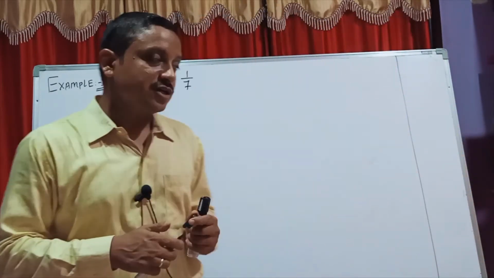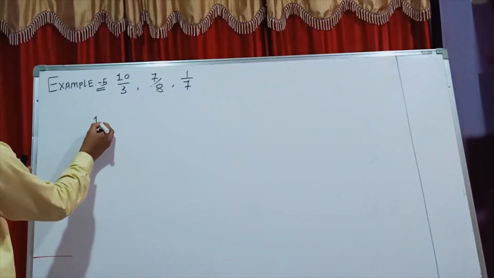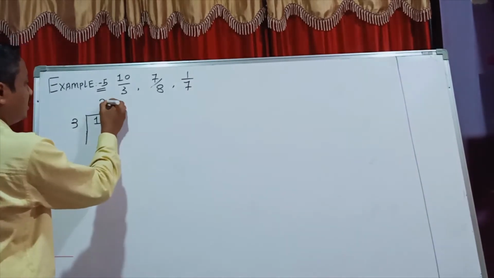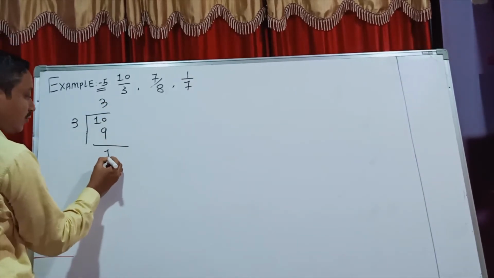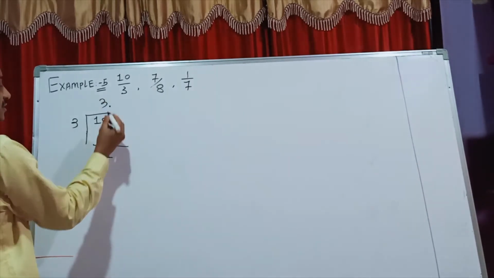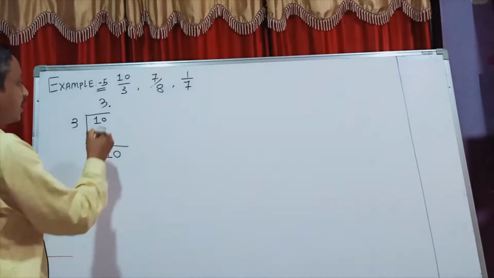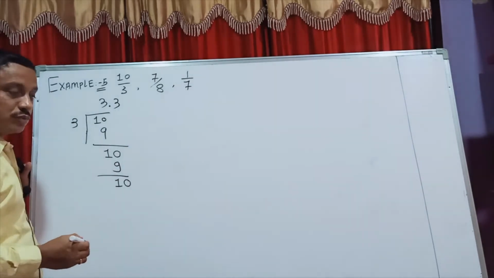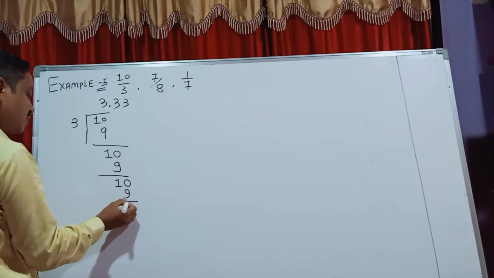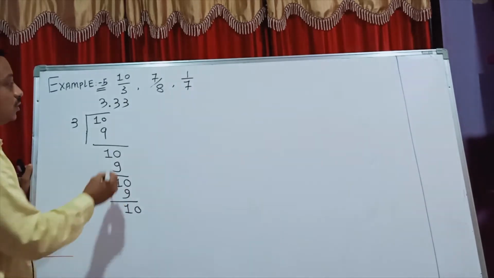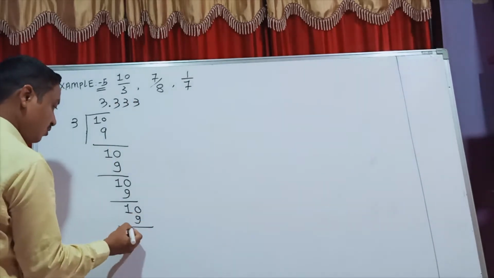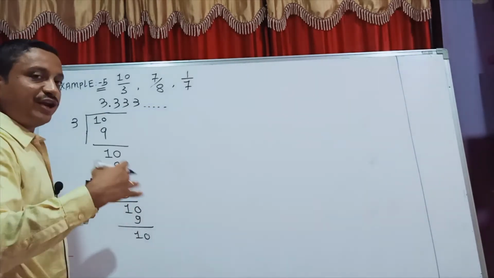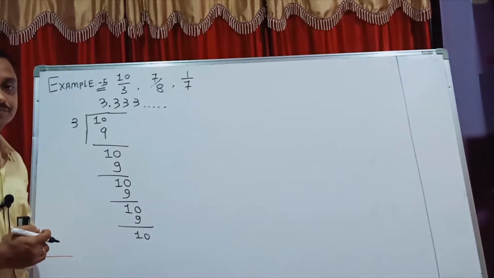So let's start, students. First I go to 10 by 3. Just go to our long division, 10 by 3. 3 3s are 9, only 1 left, here point and here 0. Again 3 3s are 9, 1 left, here 0. It means, students, this process goes on in infinitely many steps.